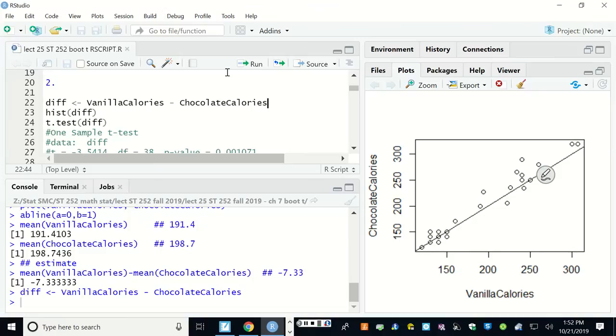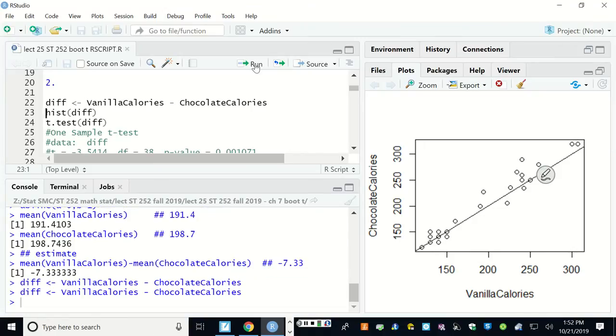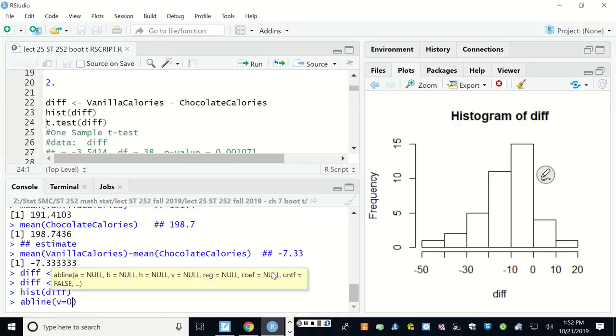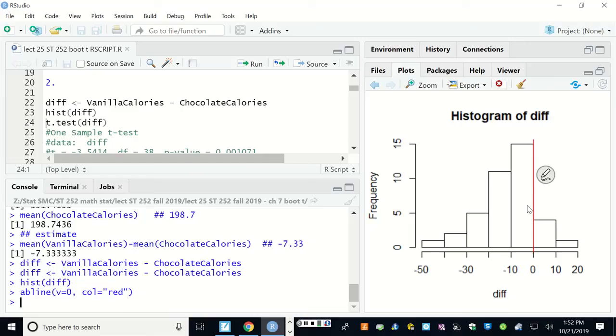You just got to make sure it's attached. So the differences. Here are the differences. A vertical line at 0. There's the 0 line, as you could tell. So more of the differences are negative. There seems to be a couple that are pretty big differences. Oh well, we'll just kind of go with that.